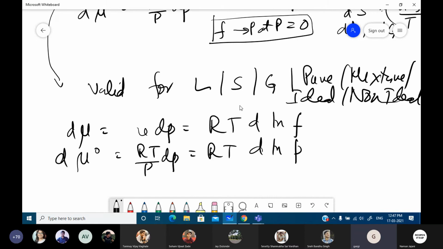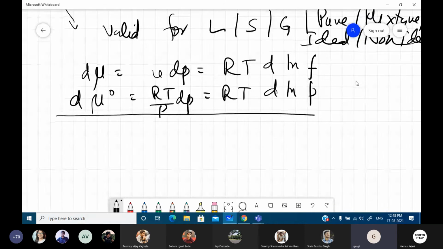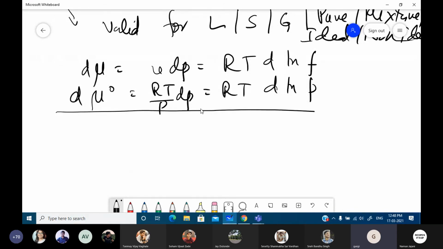So we found out that these two equations were written down. Whenever you are calculating anything concerning two phases in equilibrium, this part you do not need. In fact, you do not need mu if there is only a single phase, right? Whenever two phases are there, in equilibrium or not in equilibrium, whether there will be mass transfer, in order to decide that, you need to calculate mu.